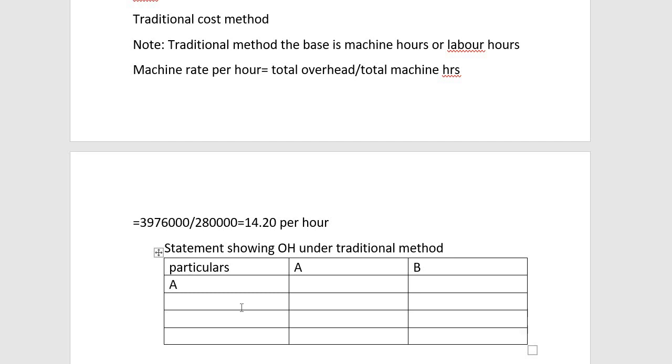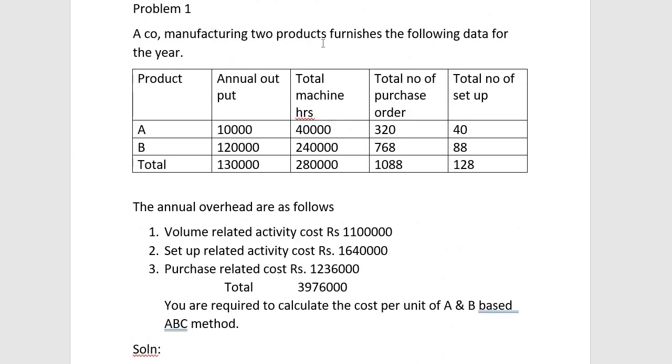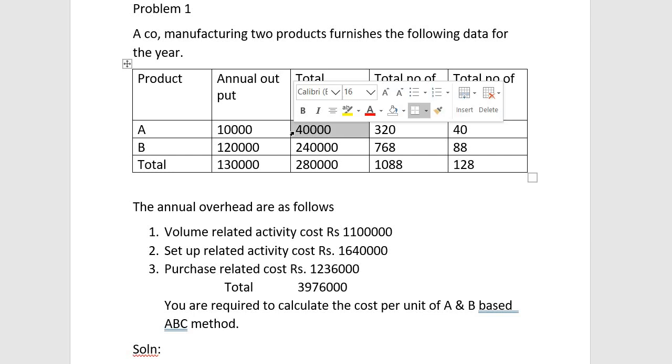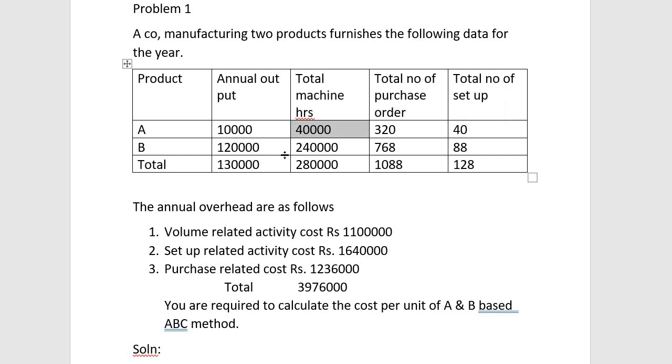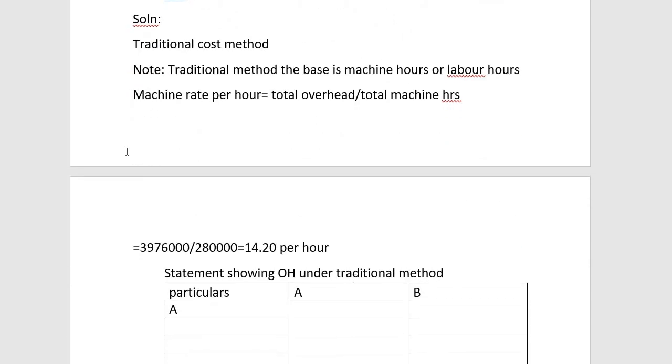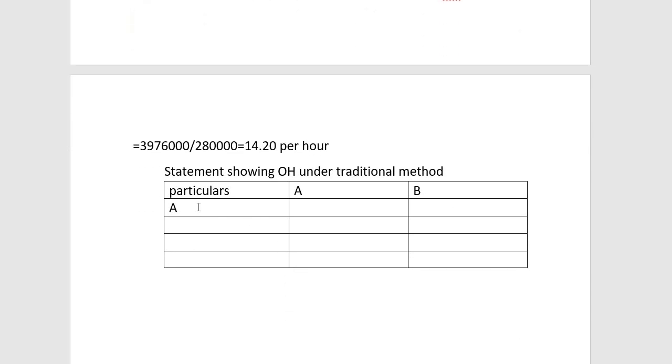So for product A, the total machine hours is 40,000, and for B total machine hours is 2,40,000. But machine rate per hour is 14.20. You can write here 40,000 into 14.20, that is machine rate per hour into machine hours, is 5,68,000.